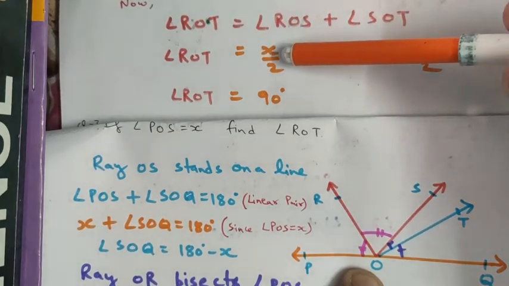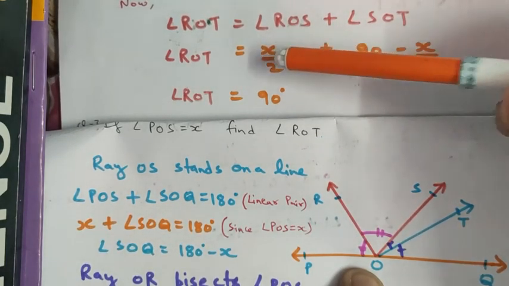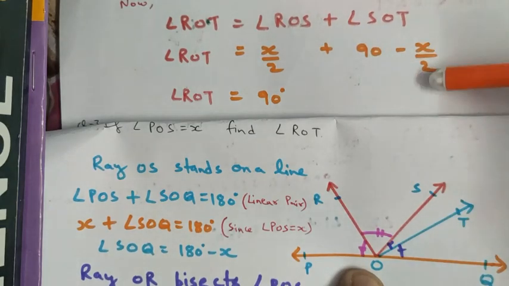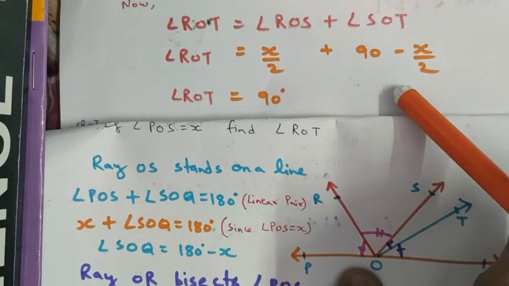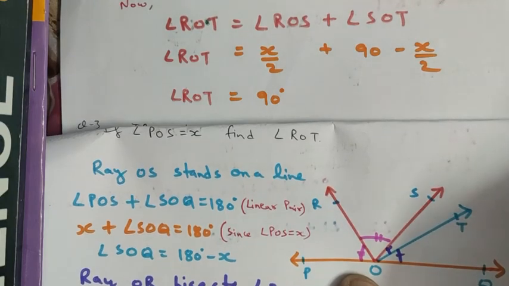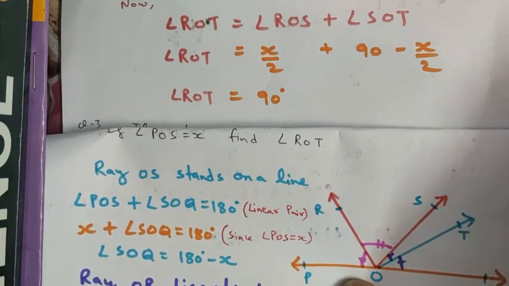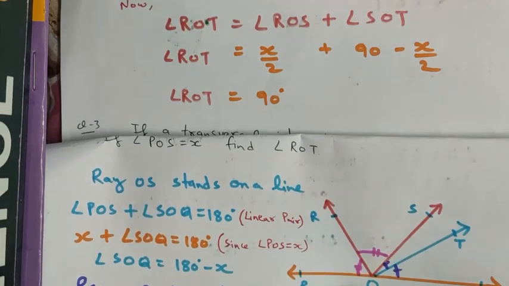So we substitute the values of ROS and SOT. We get x by 2 plus 90 minus x by 2. The plus x by 2 and minus x by 2 will cancel out, then angle ROT will be equal to 90 degrees. So this is what we have to do in this question. We need to calculate the value of ROT, and we have calculated angle ROT equals 90 degrees.